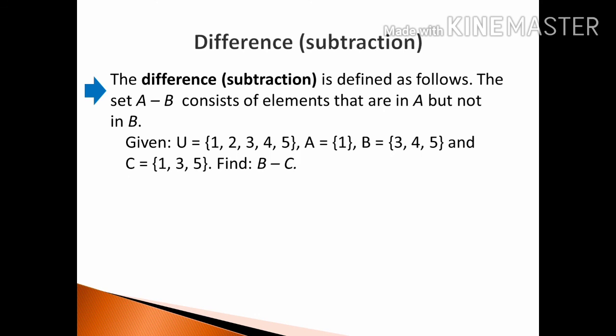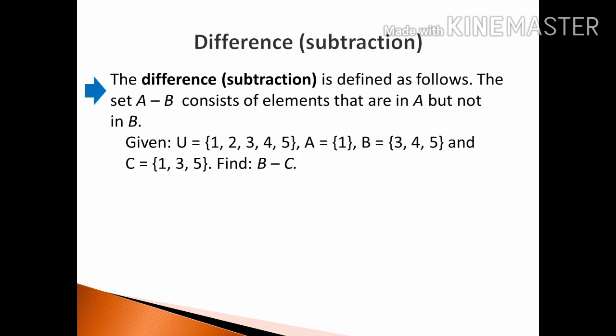For example, we are given universal set 1, 2, 3, 4, 5. Set A has 1, set B has 3, 4, 5, and set C is 1, 3, 5. Find the set difference of set B minus set C.